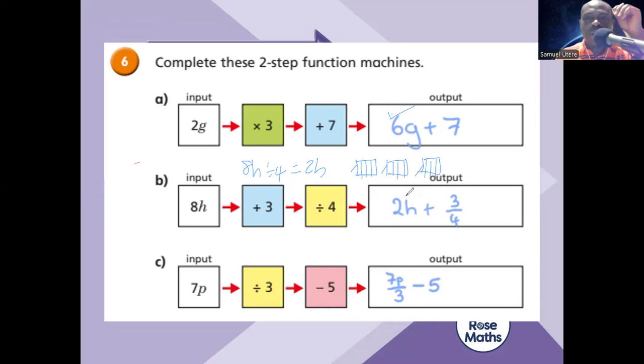You're taking a quarter from each. So you have 3 lots of the quarter. That's what it means. And this one, you have 7p divided by 3. So it's 7p over 3 before you subtract 5.